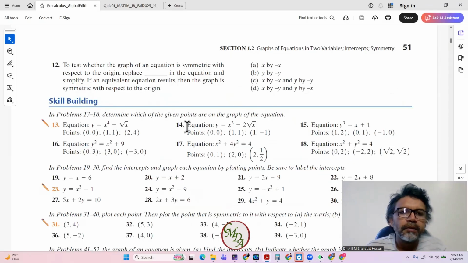The problems say: determine which of the given points are on the graph of the equation. This is a very easy question. What do we mean by points on the graph? We have an equation in two variables.